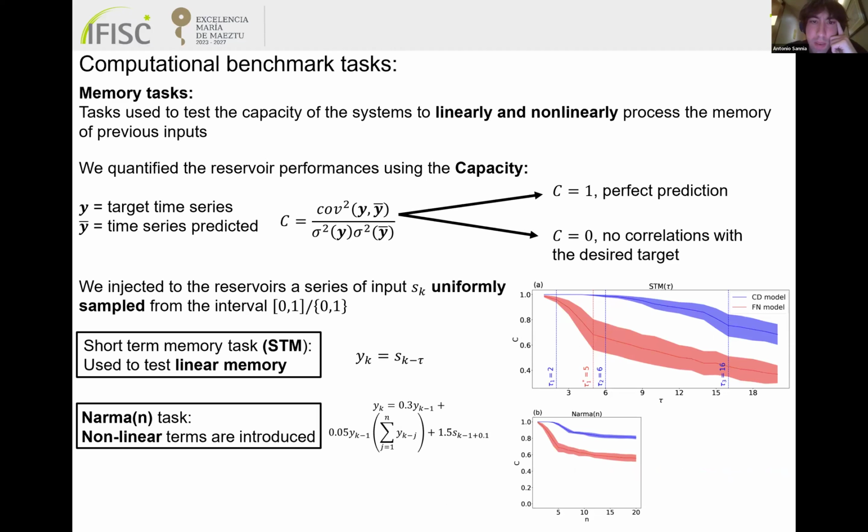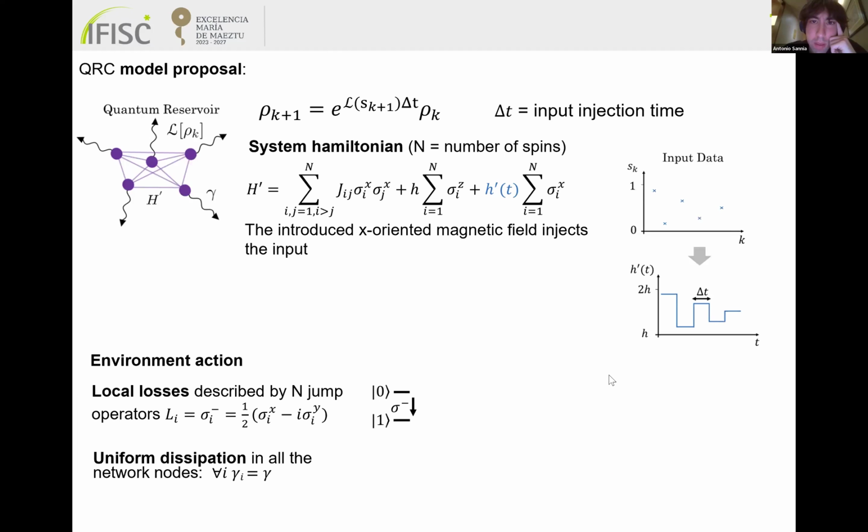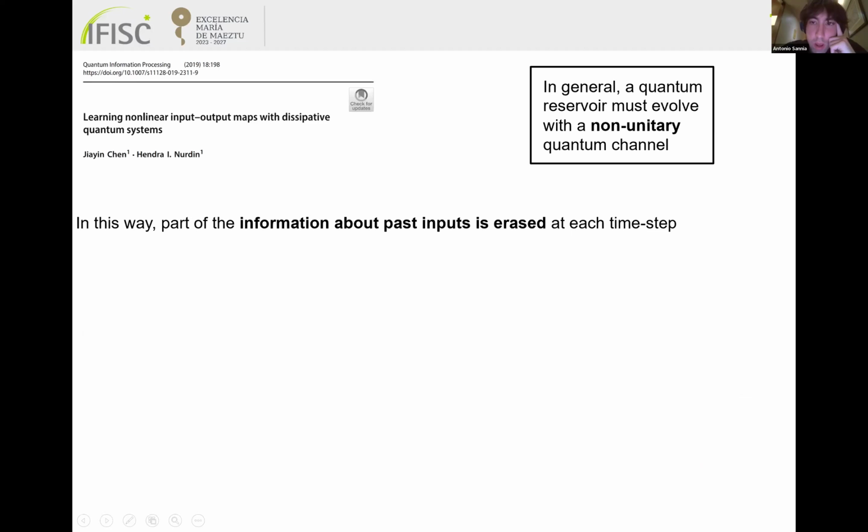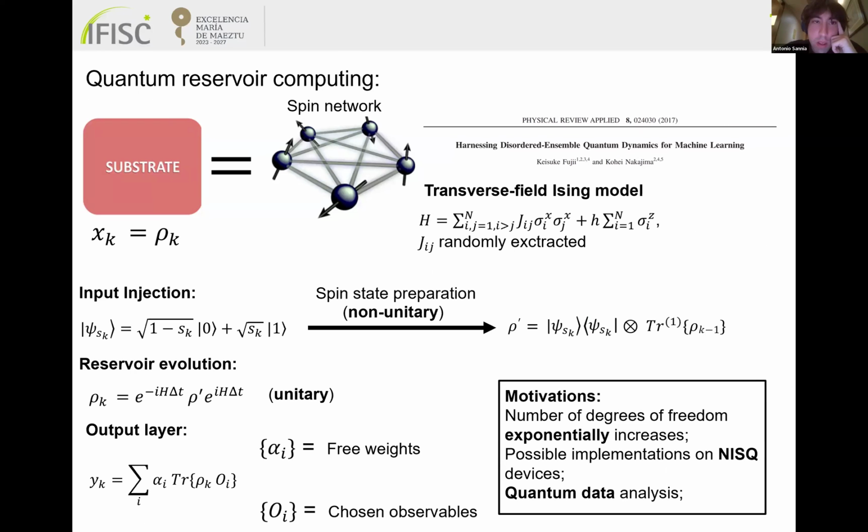In the Hamiltonian, we have this magnetic field here, and we have these couplings here. So if the best hyperparameters of the model that solve the task have a lower magnetic field, it means that now these couplings can be more relevant.